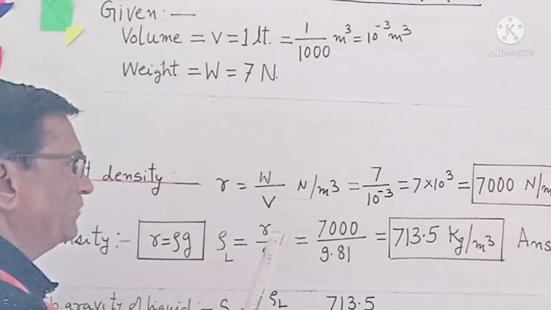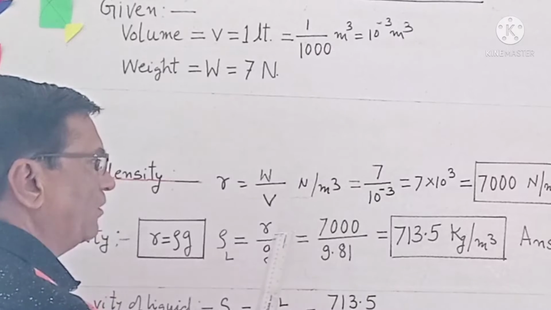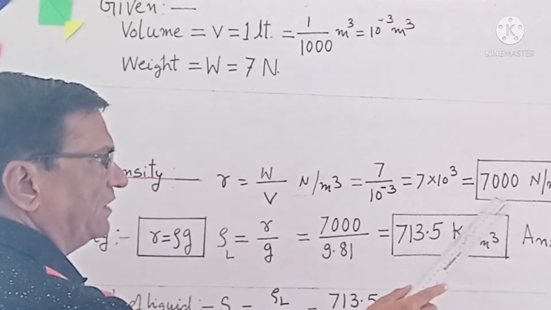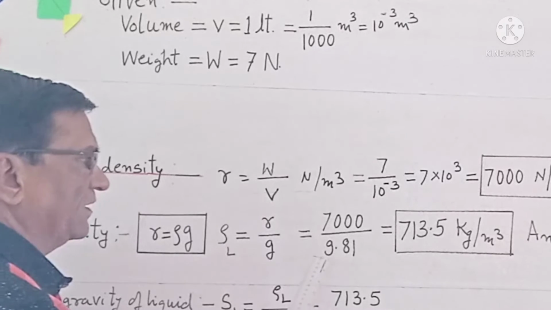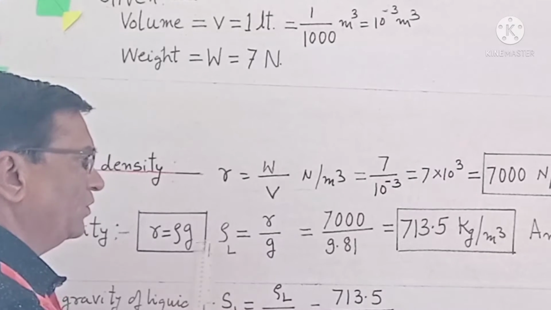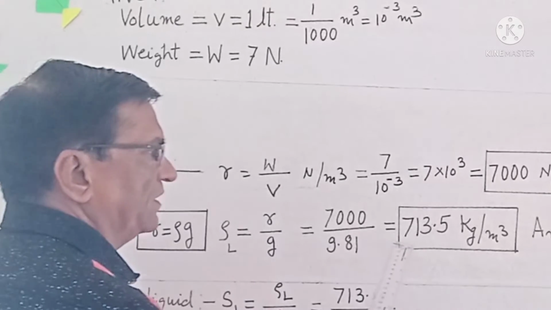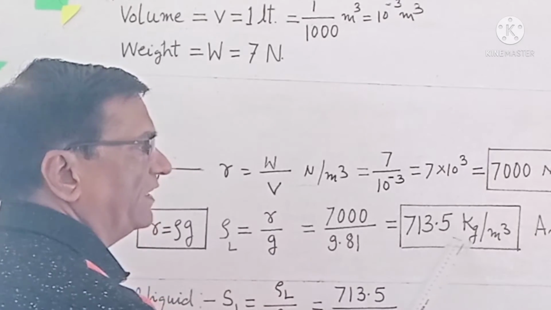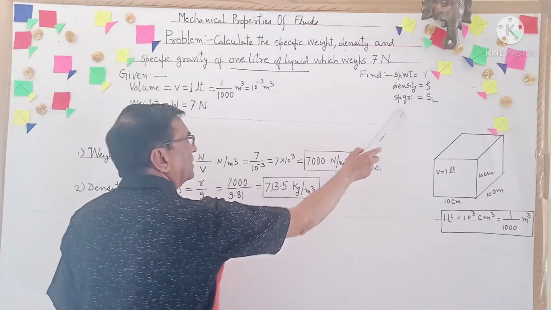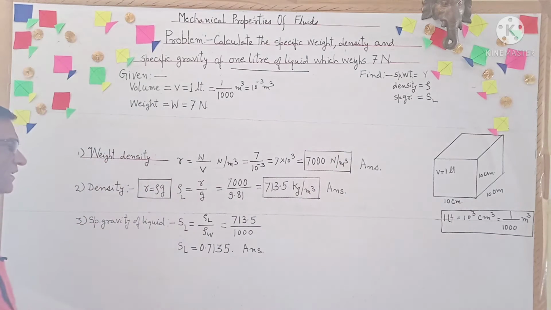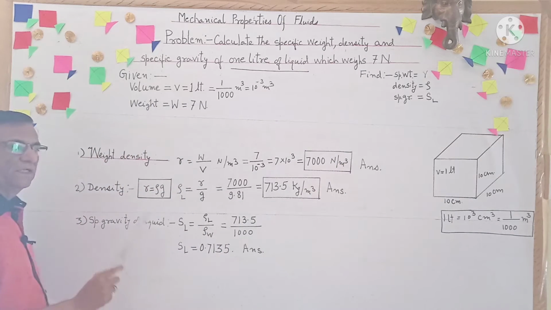As we have already calculated the value of gamma, that is 7000, putting the value of gamma and g as 9.81, rho L comes out to be 713.5 kg per meter cube. This is the second answer.